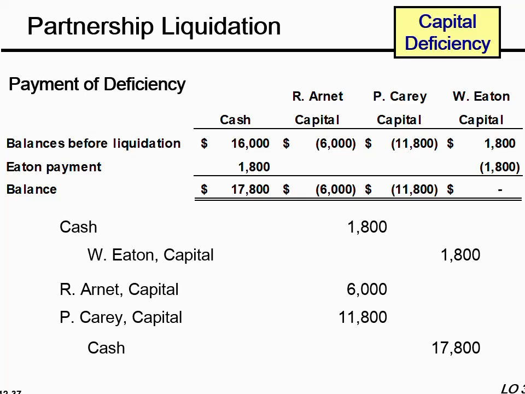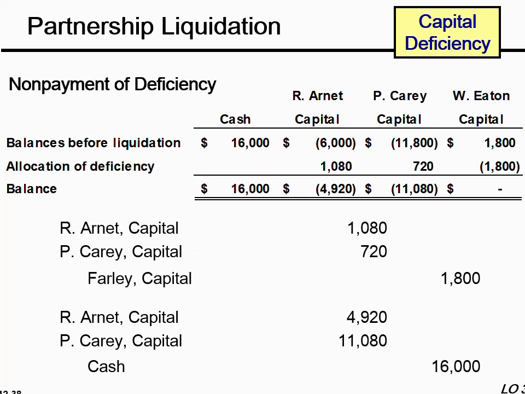Let's move towards the last case, in which Eton does not have any personal property with him, so he's unable to pay. In that case, that feature of the partnership will be applicable, that each partner is individually and personally liable for the partnership. So now the remaining two partners are going to adjust his claim.